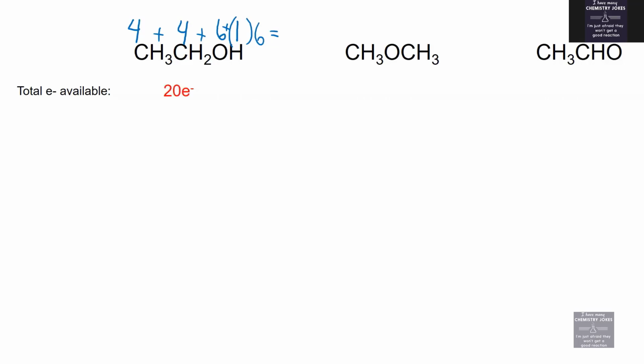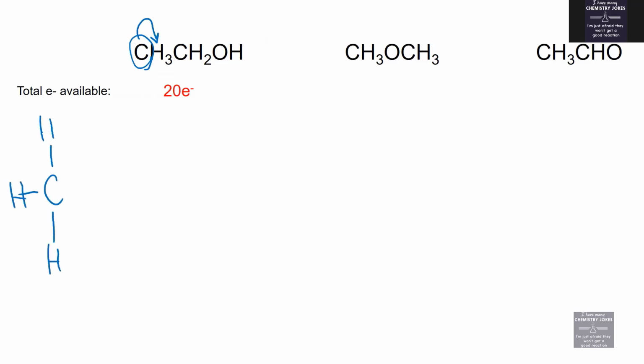So this is a condensed structural formula. That means it's hinting at how the molecule is connected. So this first carbon is connected to the things that follow it. C with 3 H's. This carbon, though, needs to make 4 bonds in order to be satisfied, and we're aiming at satisfying the octet rule, but occasionally have to break those rules.